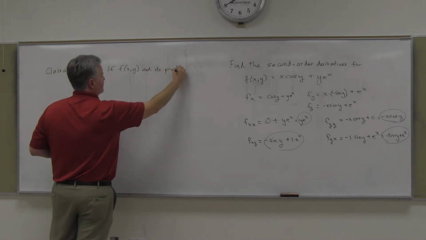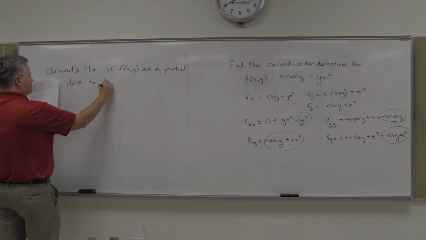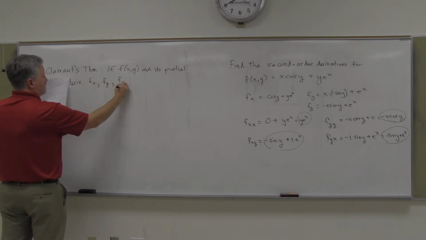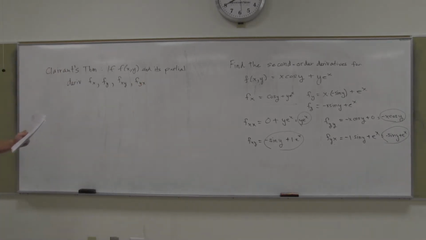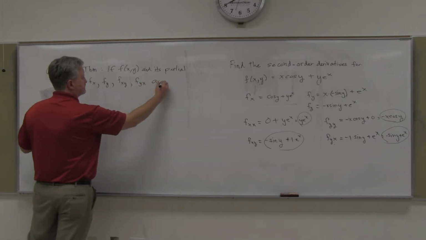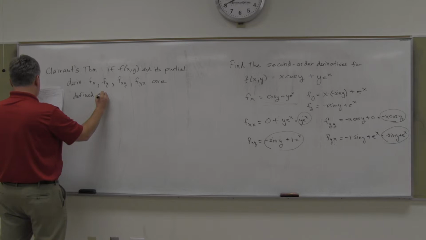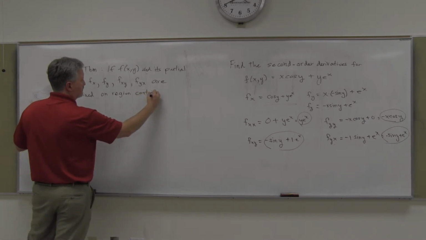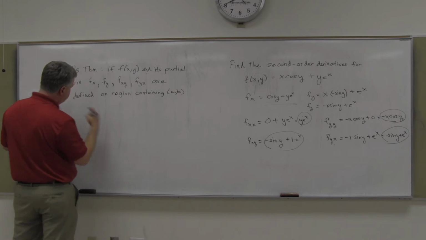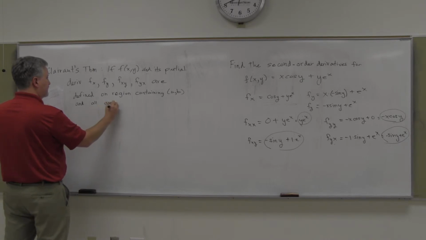Clairaut's theorem of fxy and its partial derivatives. Get all this down here. F partial with respect to x, f partial with respect to y, f partial with respect to x then y, and f partial with respect to y then x are defined at (a, b) and all are continuous at (a, b).